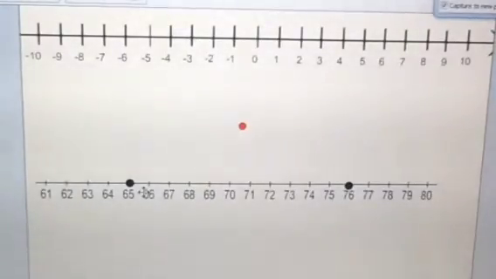How are you going to find the average of quiz grades, whether it's on the number line or not? Let's take a look. My quiz grades are 65 and 76. What's my average quiz grade?